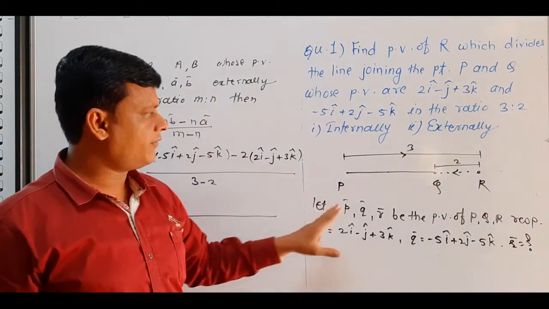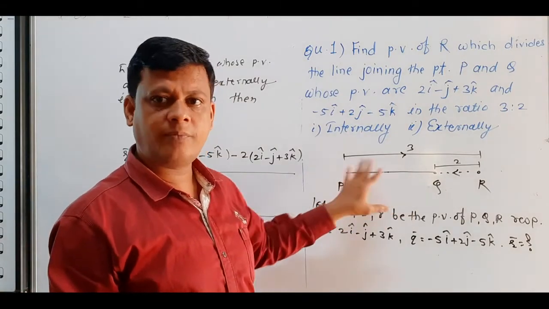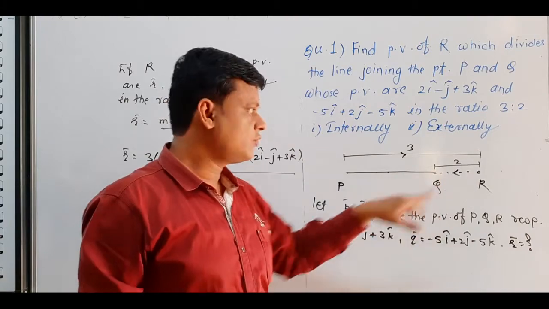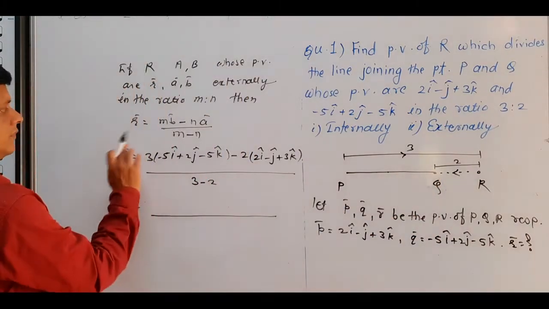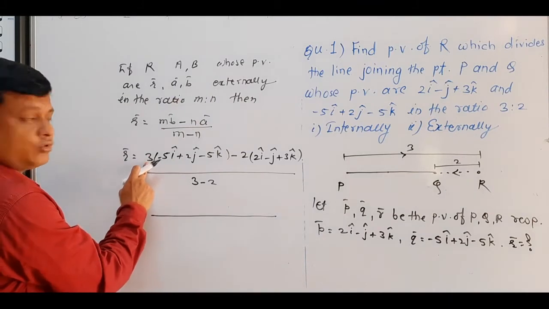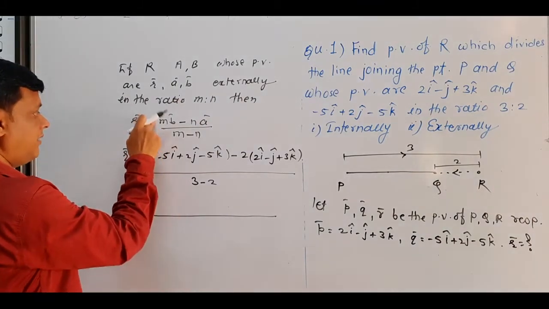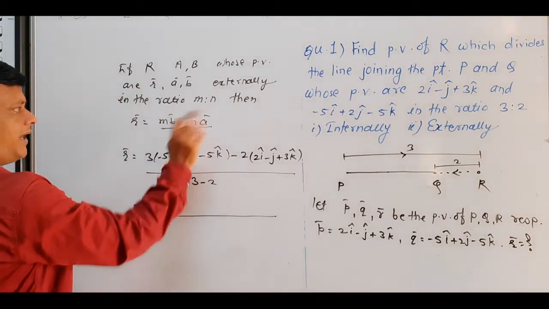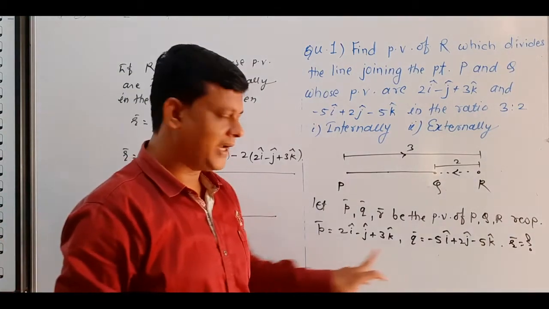So in place of A and B, we use points P and Q. In place of the ratio, it is 3:2, so we write m as 3, n as 2, and B bar and A bar as Q bar and P bar.